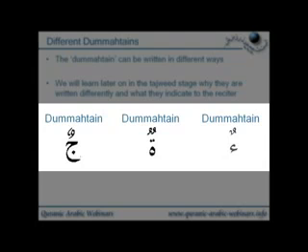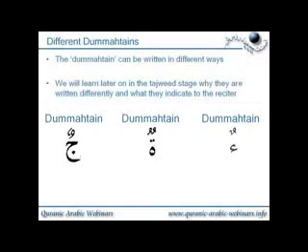Here we have three different letters, but they're all carrying dhammatain, and in the Arabic Quranic script, depending on whether you're looking at Uthmani or Majidi, the way it's written will indicate to you some Tajweed rules and how you actually pronounce the sound of the tanween itself. We have to cover a lot more advanced rules later on in the Tajweed stage before you understand it.